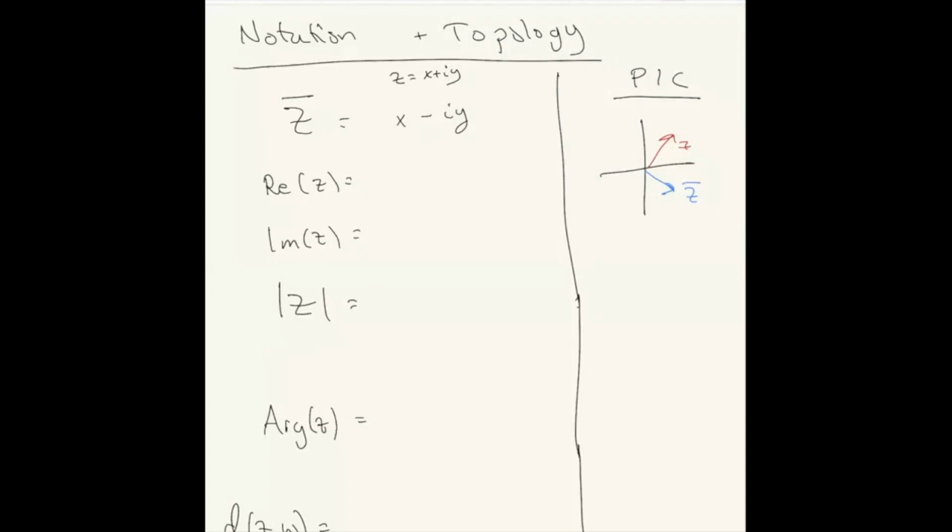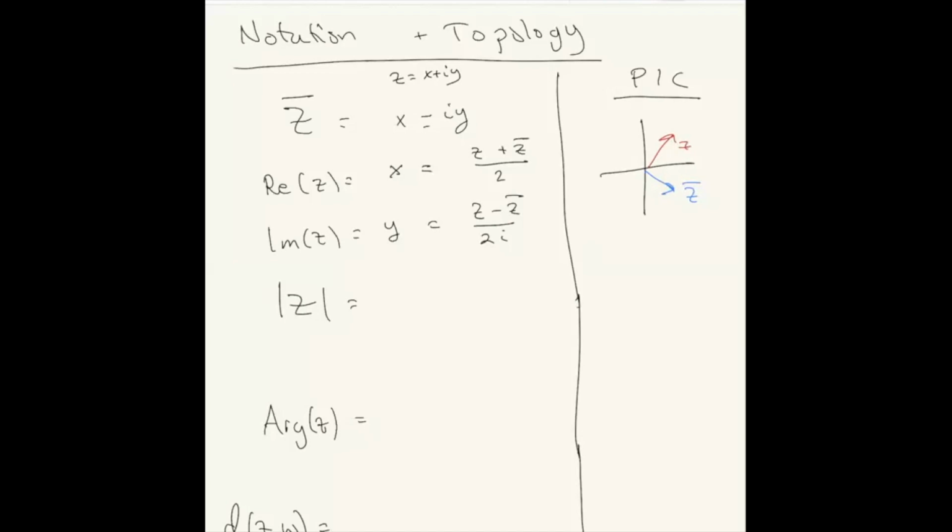Then the real part of z is just x, and it can be written using the complex conjugate as z plus z bar over 2. So the minus cancels the 2 as z plus z bar over 2. And imaginary part is y. It can be written as z minus z bar over 2i, allowing for the division.